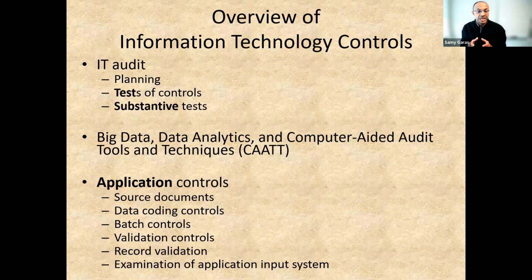First of all, for the application control, which is mainly related to the input, we check that the source documents are original. We check the coding of the data, that we usually make codes for the accounts and codes for the documents, that the coding is working systematically, and that there are no missing documents in the middle. We check if we use batches or online.